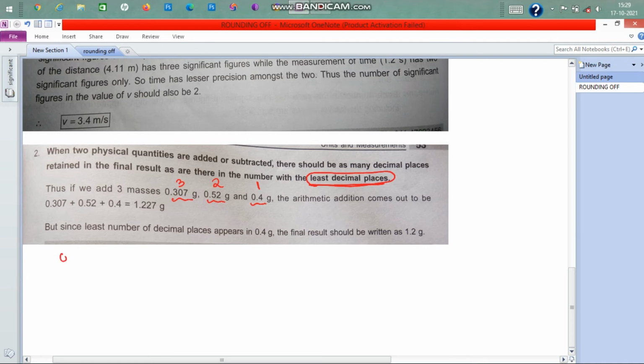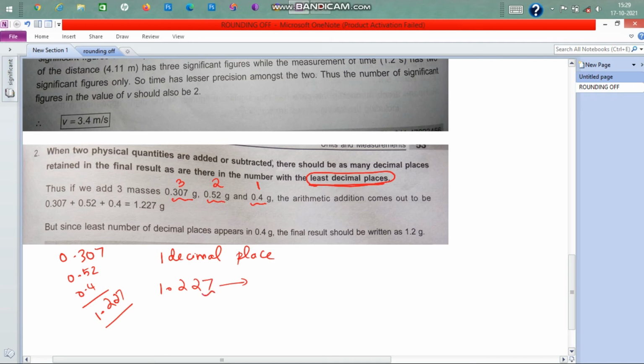So let us see, 0.307 plus 0.52 plus 0.4, the addition comes out to be 1.227. Since the final answer must have only 1 decimal place, the least number of decimal places must be there in case of addition or subtraction. So let us round off 1.227.